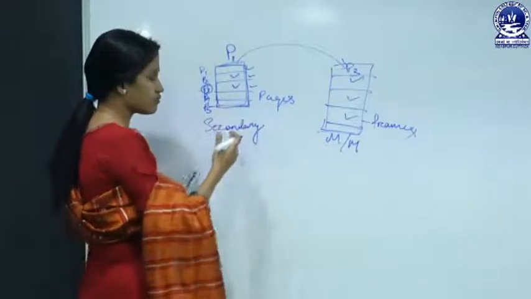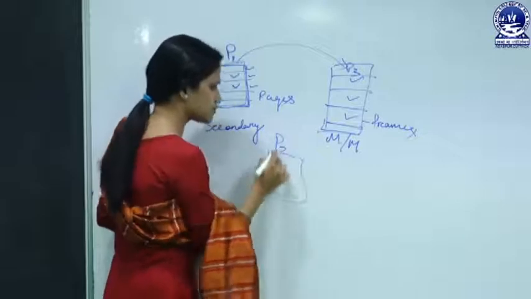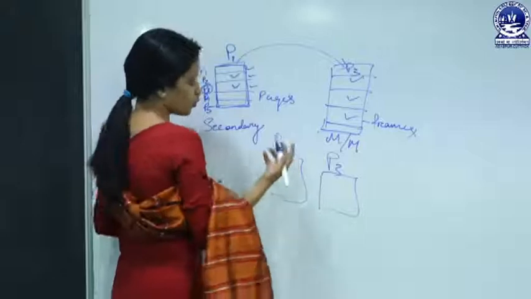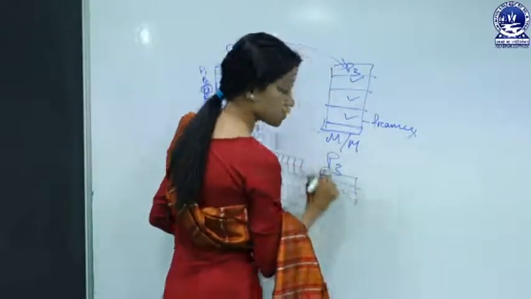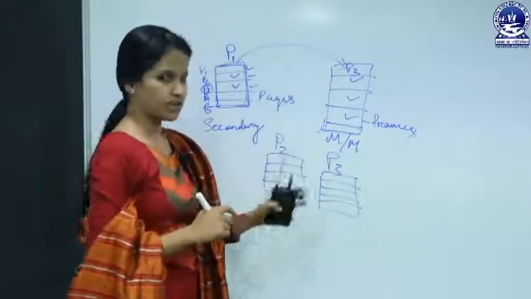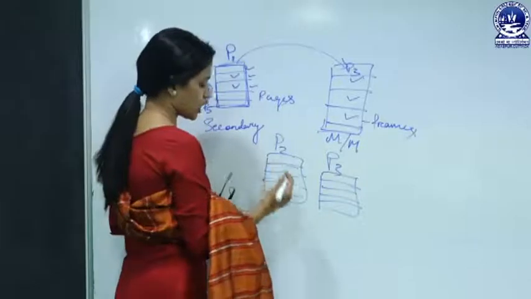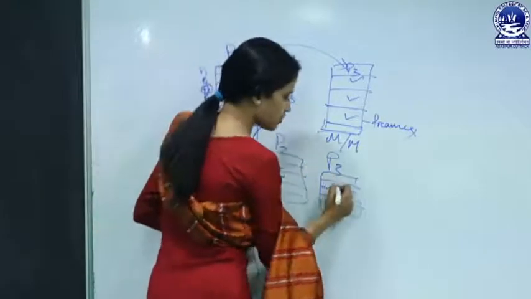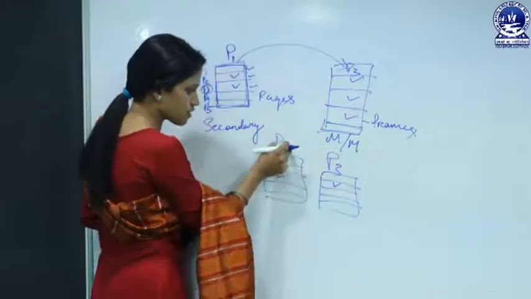Another process P2 comes, and another process P3 will come, and we also divide these processes into pages. At the same time, main memory requires some pages of P2 and some pages of P3. Suppose 1 page of P3 and 3 pages of P2.